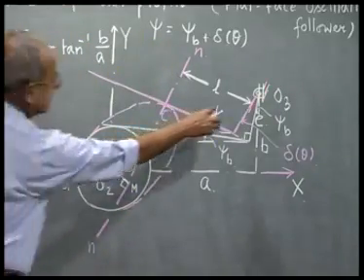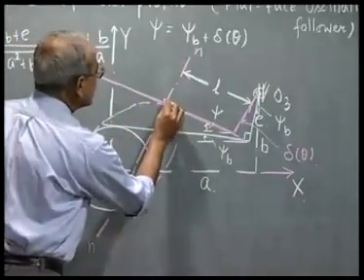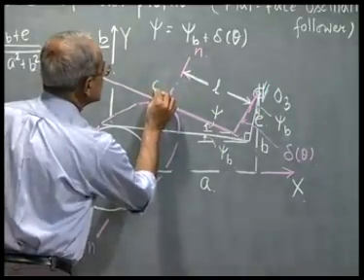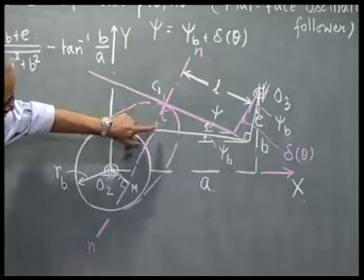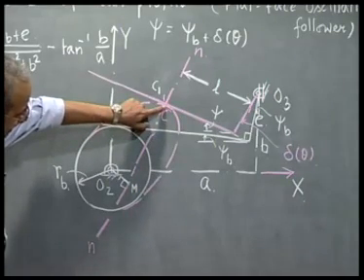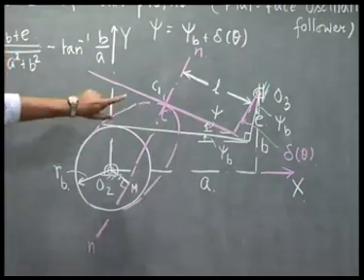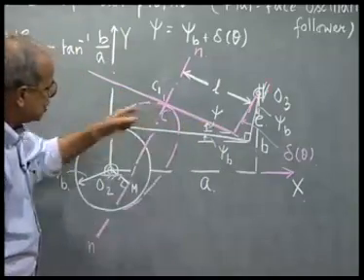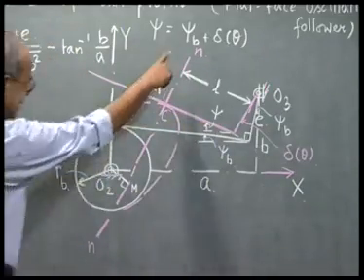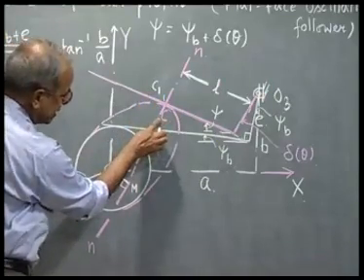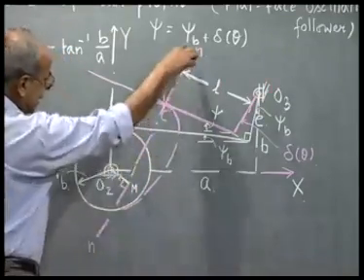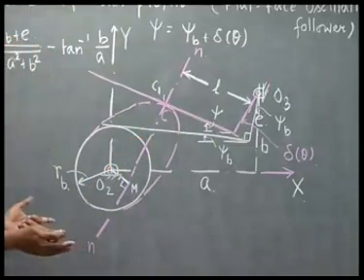To find this distance L, we consider a point C1 on the follower surface, but at this instant coincident with C. C belongs to the cam and C1 denotes the point on the follower surface which are in contact. To maintain the contact, velocity of this point C1 and this point C along the direction of NN must be the same.